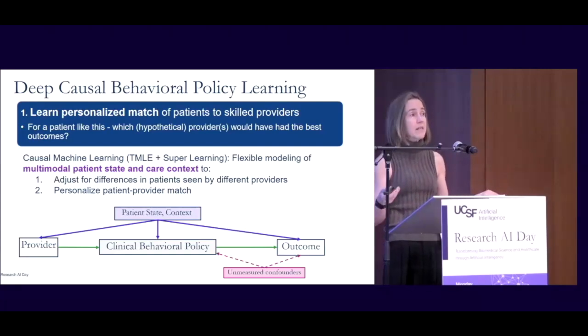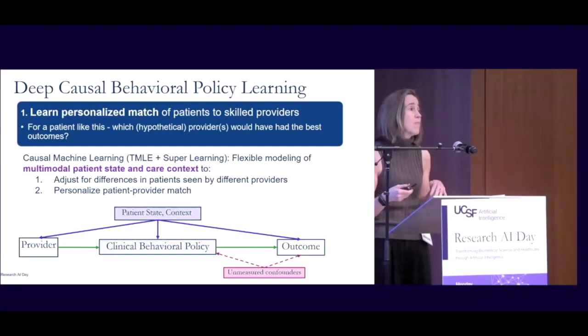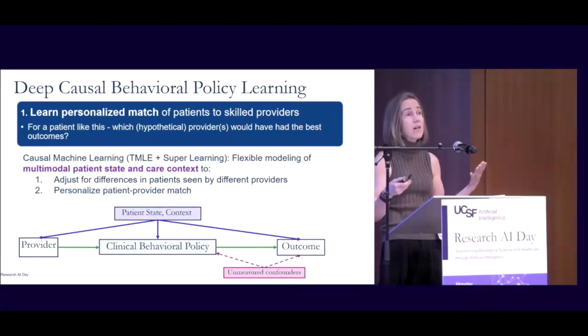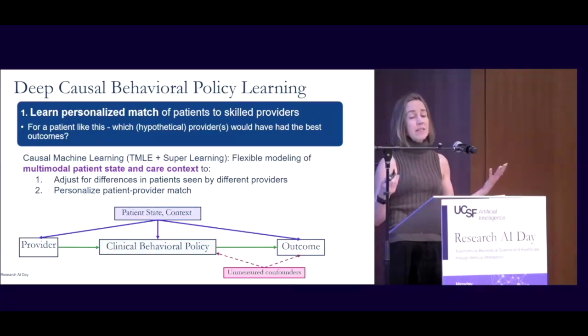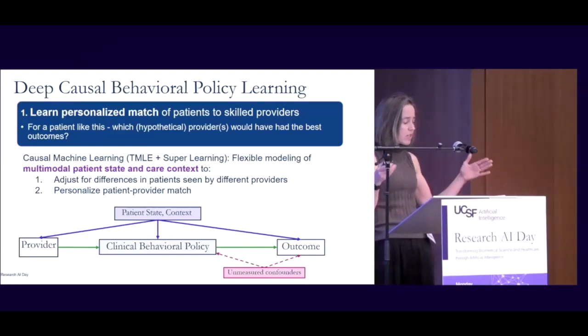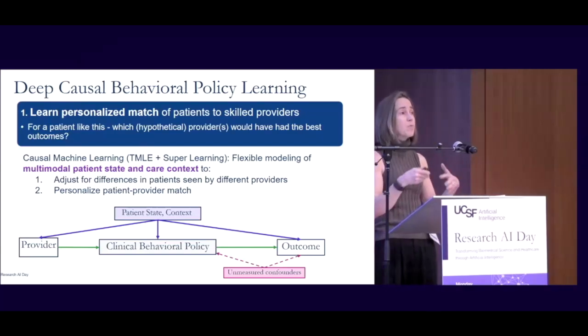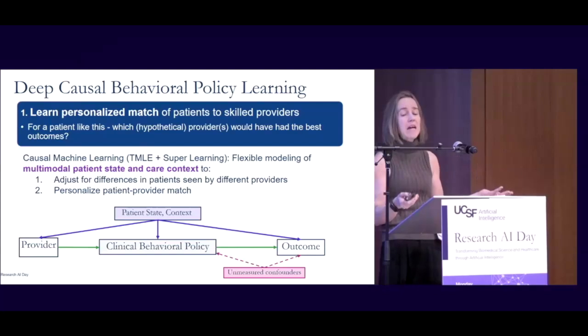So we also bring in the latest in causal machine learning approaches to allow us to flexibly adjust for all the rich multimodal patient data that will allow us to essentially balance out the different types of patients and contexts that different providers encounter. The second thing we use causal machine learning methods for at this stage is really to do this personalized matching. So we're not asking which providers have the best outcomes overall. We're asking which providers would have the best outcomes for this type of patient.